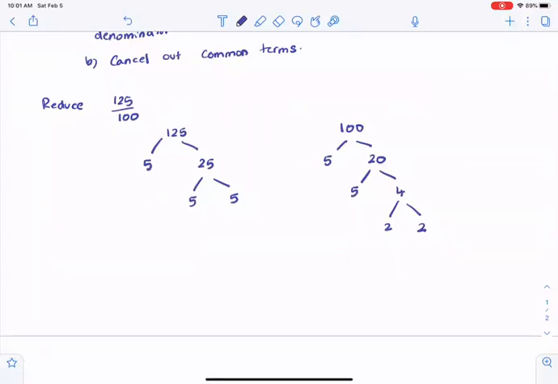Again, this can be done using the calculator, but the point is to say why things work the way they do. So the numerator will now become 5 times 5 times 5. The denominator would become 5 times 5 times 2 times 2.